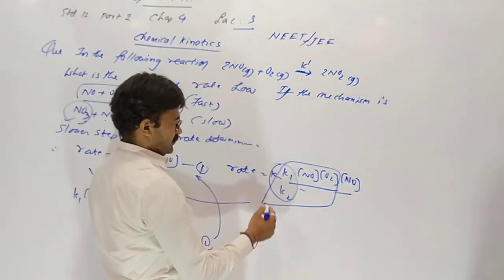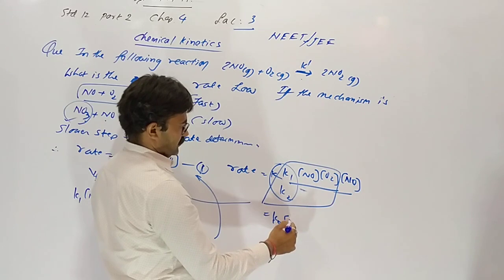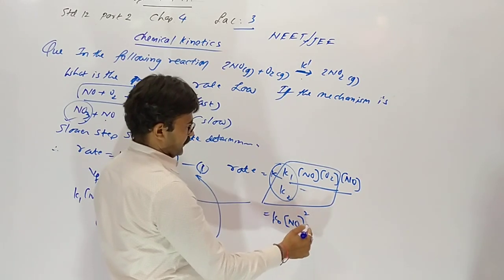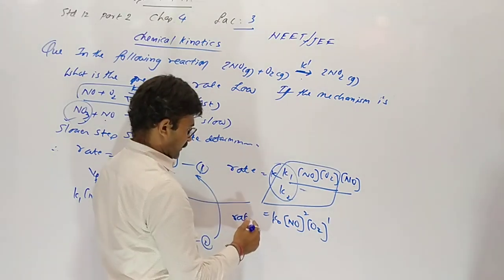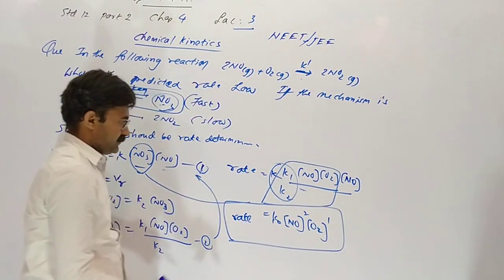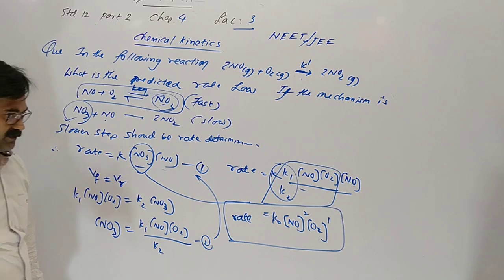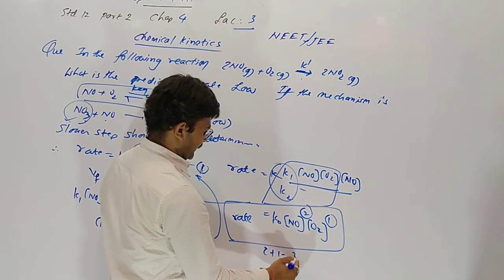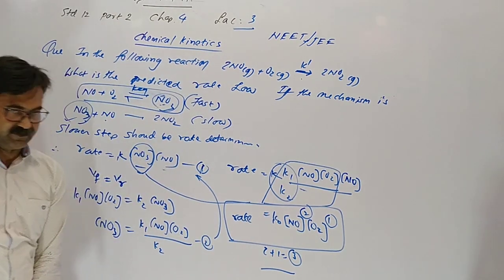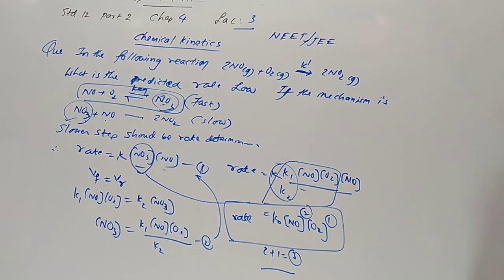So all three are constant. NO comes 2 times, so there should be square, O2 one time. This is our actual rate law for this reaction. And the total order is 3. If it is asked for the rate of reaction order, it should be 3.